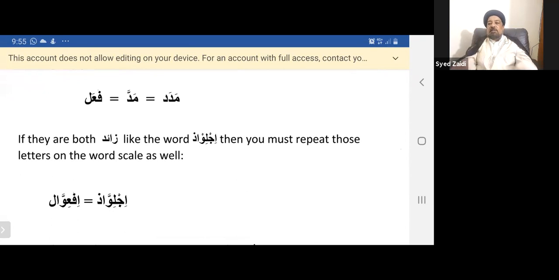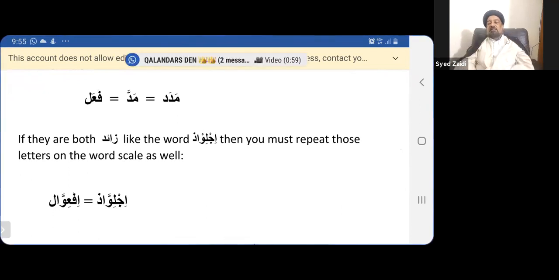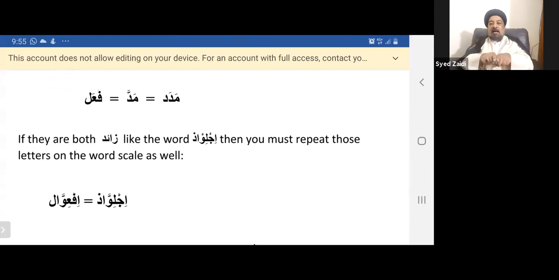into each other. For example, madda. If you open the word madda, it was actually madada, and as you can see, dal and dal have been repeated. Both of the dals were root letters. Both of the dals were huruf asli. So madda was actually madada.